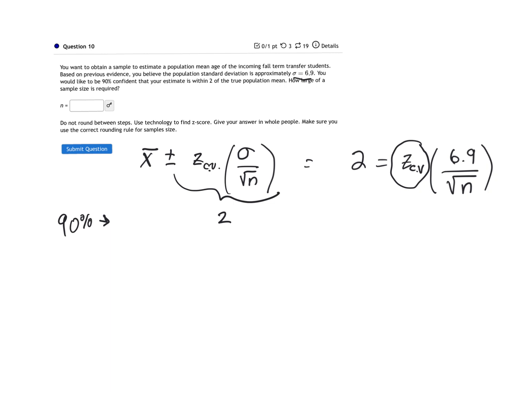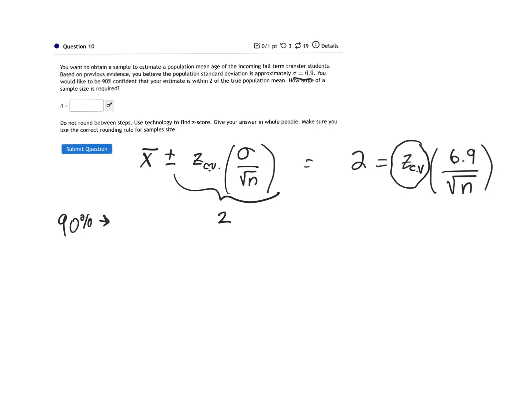You can choose center on the newer 83s in terms of tail, but on the older ones, it just does the left tail, so you would put 0.05. If you choose center on the newer ones, you put 90, because you're taking the 90% of the area in the center, where it says area.